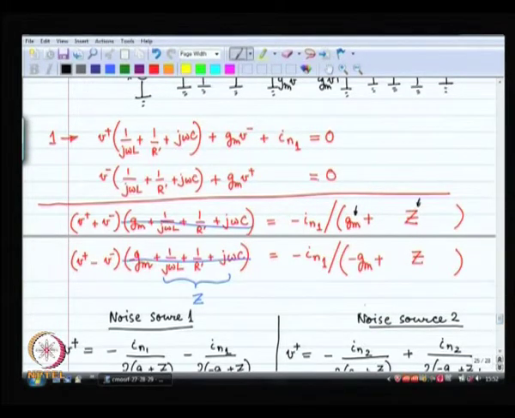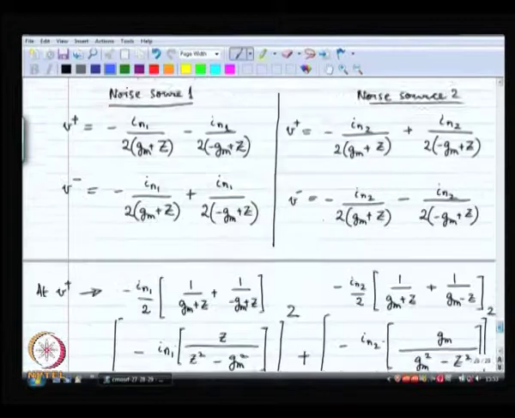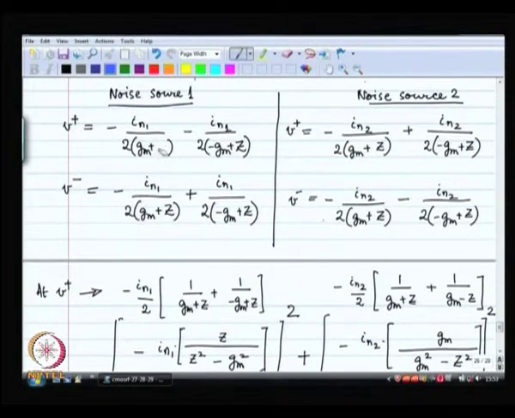I have G m and Z, but I should not really have called it Z, I should have called it Y. So, let me call it Y instead of Z. I am sorry over here, just call it Y instead of Z, still the same result. Should have pointed this out earlier.